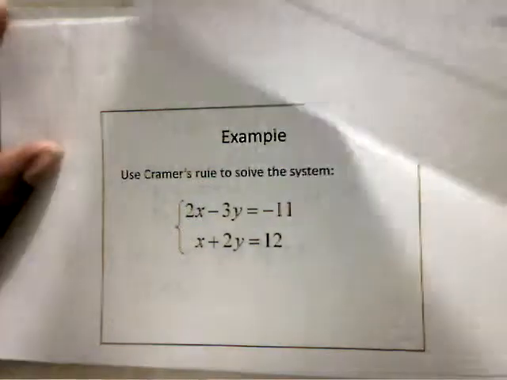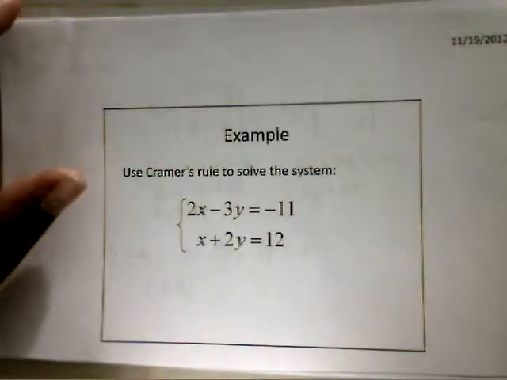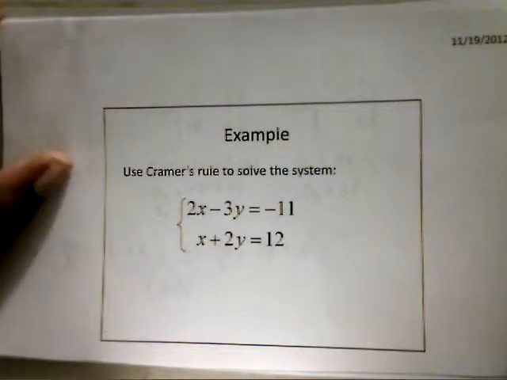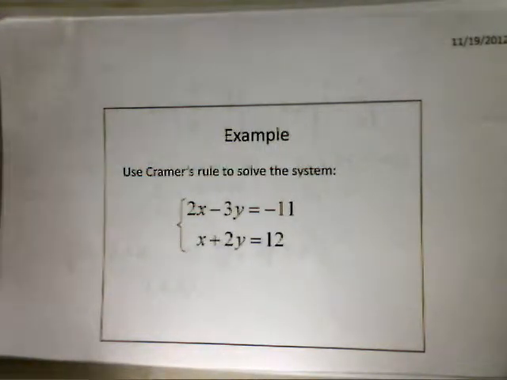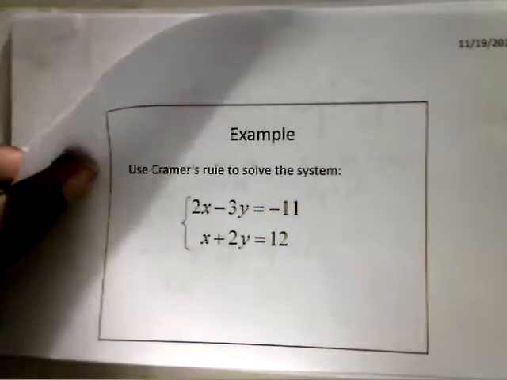Now let's look at how to solve this particular system. Here we've got 2x minus 3y is equal to negative 11 and x plus 2y is equal to 12. We're going to use Cramer's rule to solve this system of linear equations.